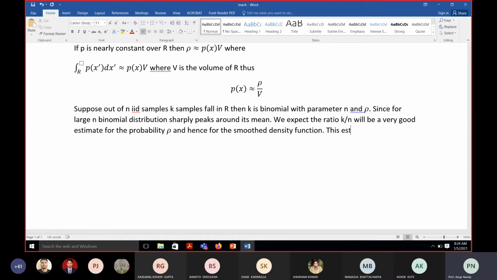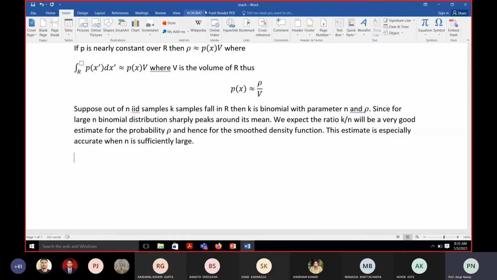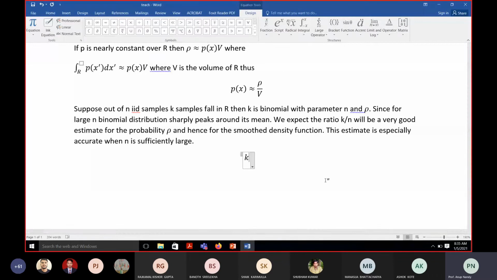So this estimate is especially accurate under the condition that n is sufficiently large. Then k is closely approximated to n into rho.